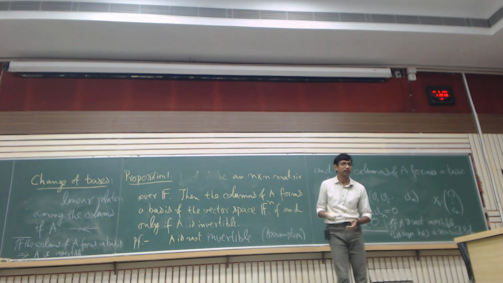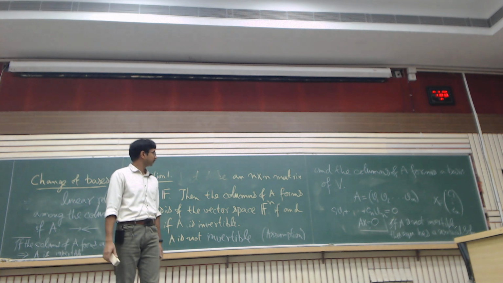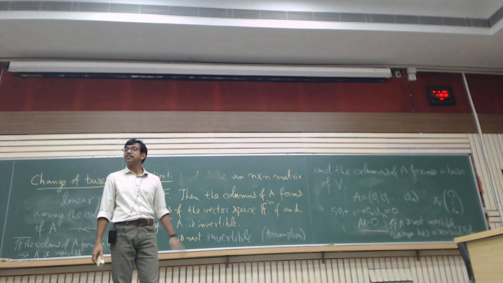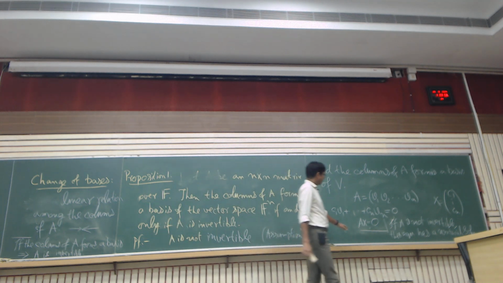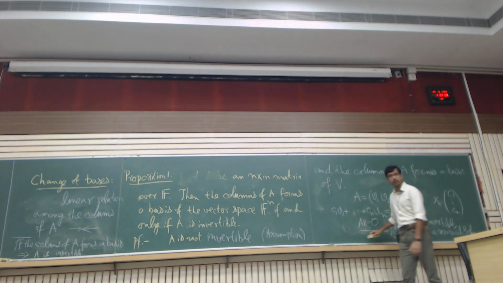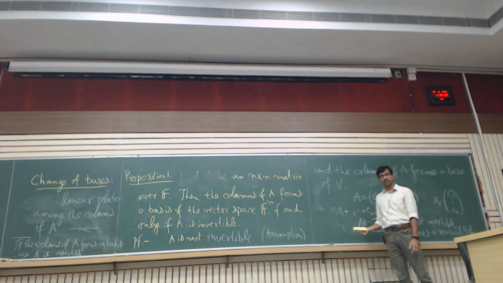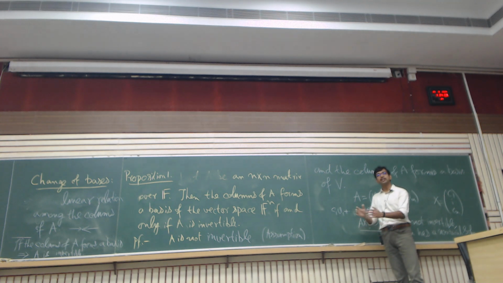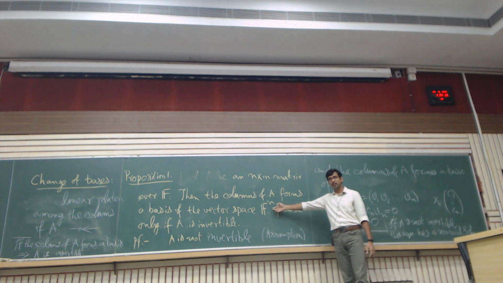Sir, can you please explain how you proceed after you say that x is equal to a null vector, in the converse? If the only solution of this is that x is 0, that means the columns of A are linearly independent, right? So you have a set of linearly independent vectors of cardinality n. n was the dimension, you see.